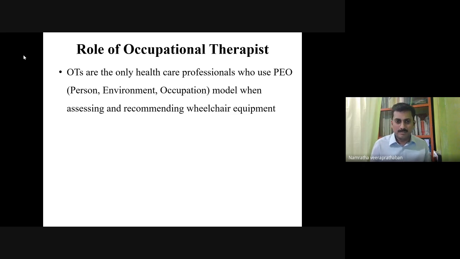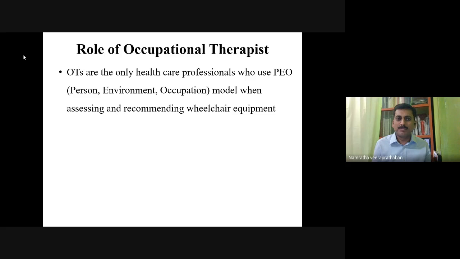All those things come under the environment domain. The occupation domain, if you take, includes a group of tasks that the person engages in daily activities. So we assess based on this model, okay, and we are recommending wheelchair equipment.